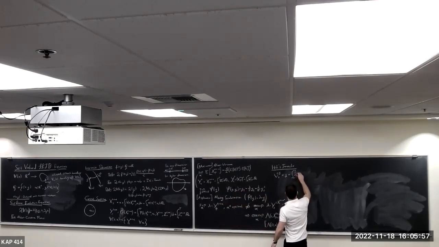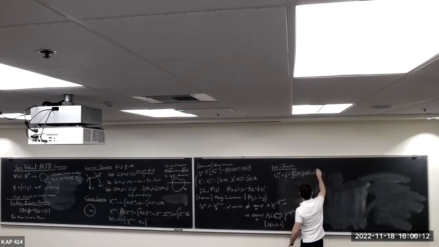Let's see. So let's write down the usual Ito formula. So let me put that here. One out dx v, and then we have correction terms going on. Yes.